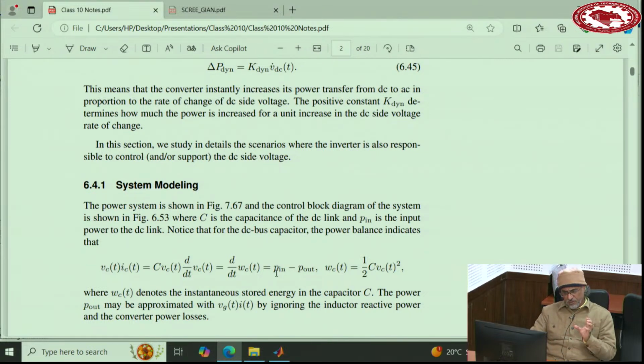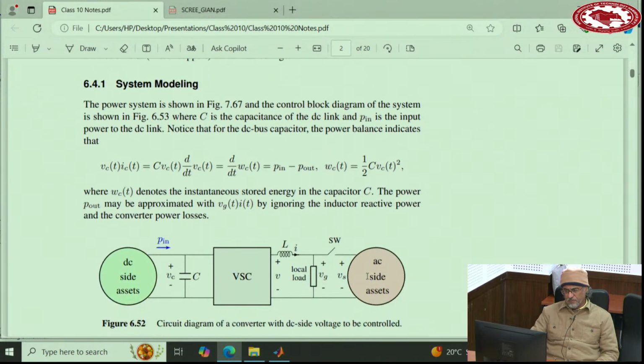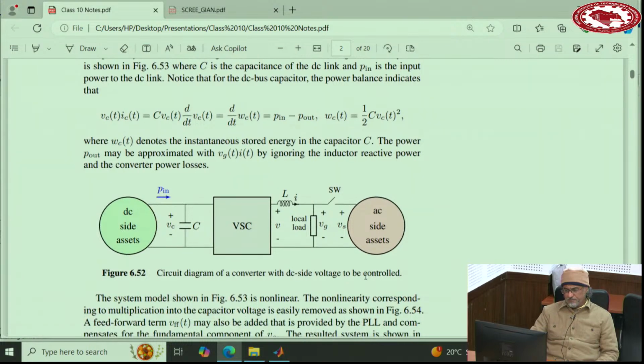So the difference of that is the power that goes inside the capacitor, and that will be derivative of its energy. Energy is half CV square. So basically, this is the structure we have. We would like to now look into details of the voltage control and support for this voltage.